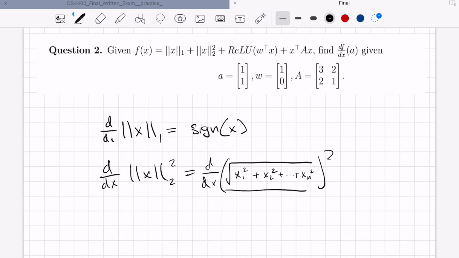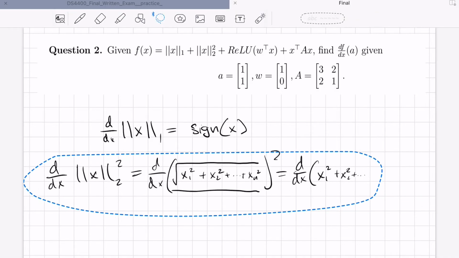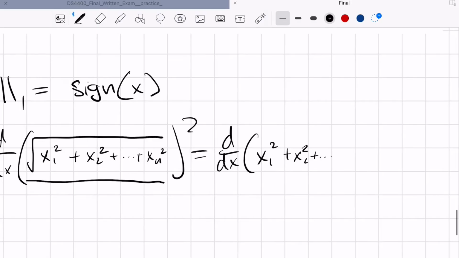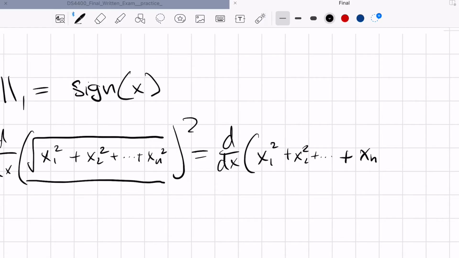So this right here is the L2 norm, and then we're squaring it. So this just becomes the derivative of x1 squared plus x2 squared plus dot dot dot plus xn squared.